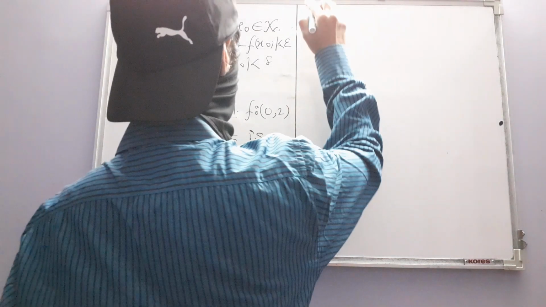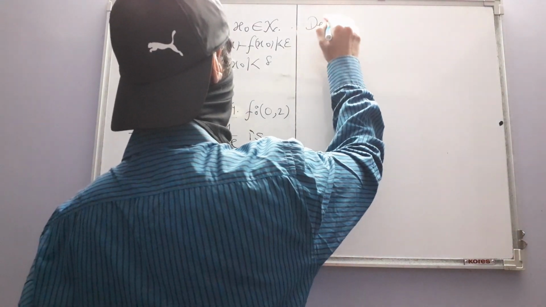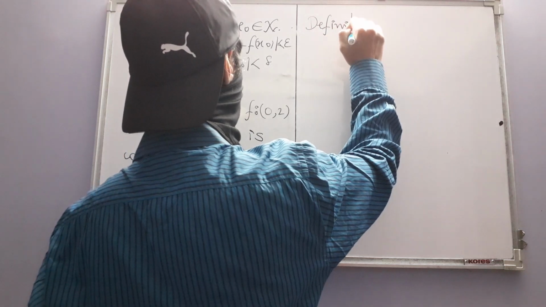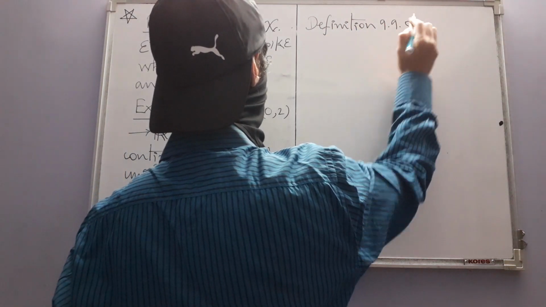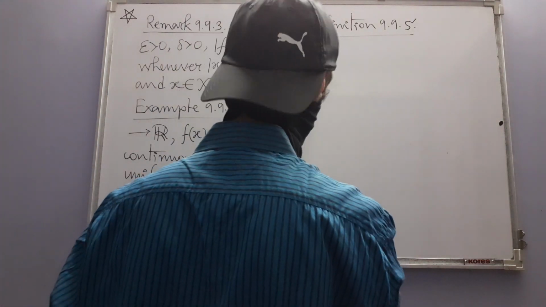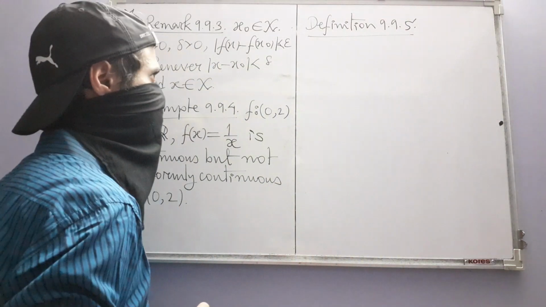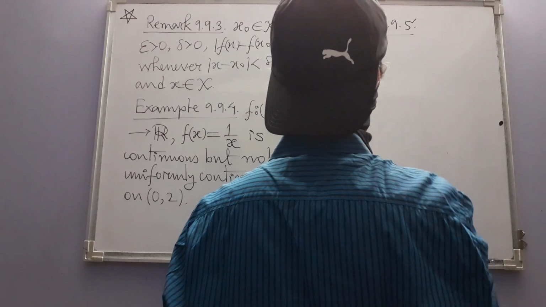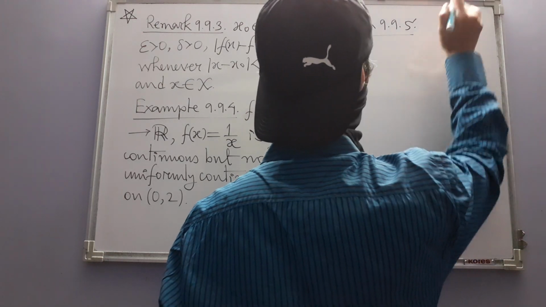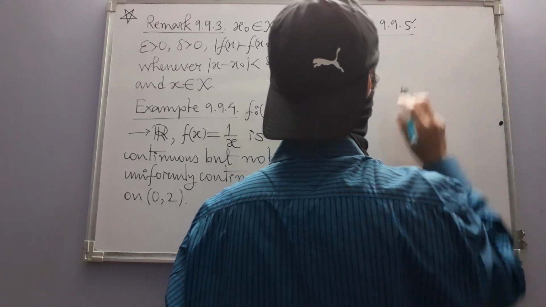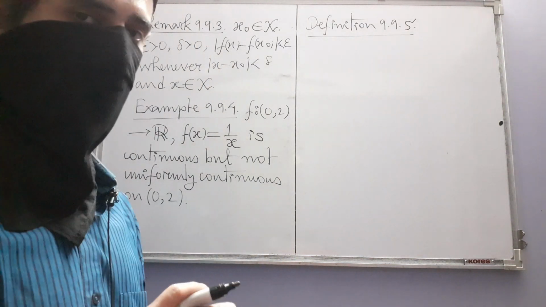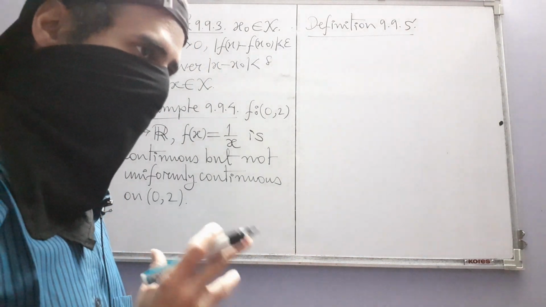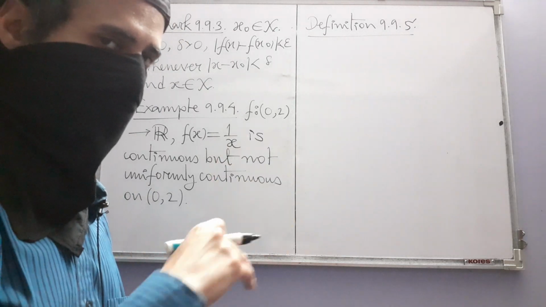So that is the next item. This is definition 995. We are going to do it in steps first, and then we will write the definition at once.